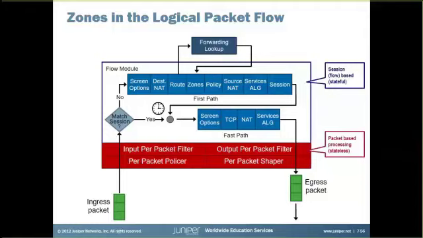With that information, as they point out right here, I will be able to figure out which security policy needs to be applied to the traffic. I won't be able to apply any security policy until I know which zone the traffic is coming from and which zone it is going out of.